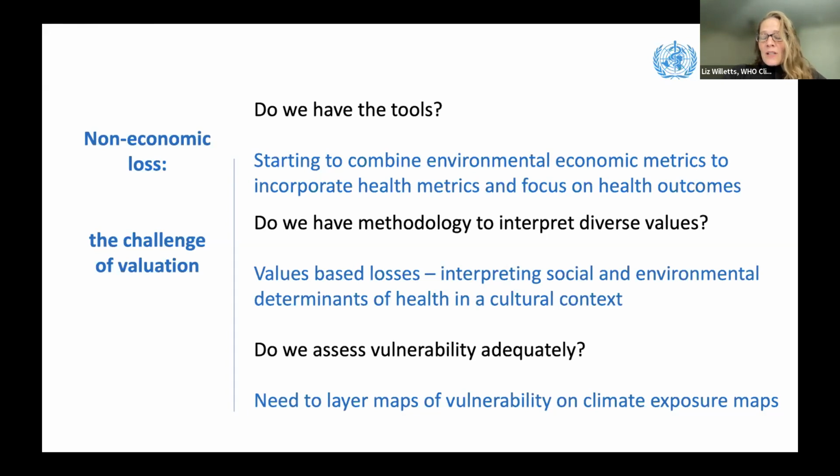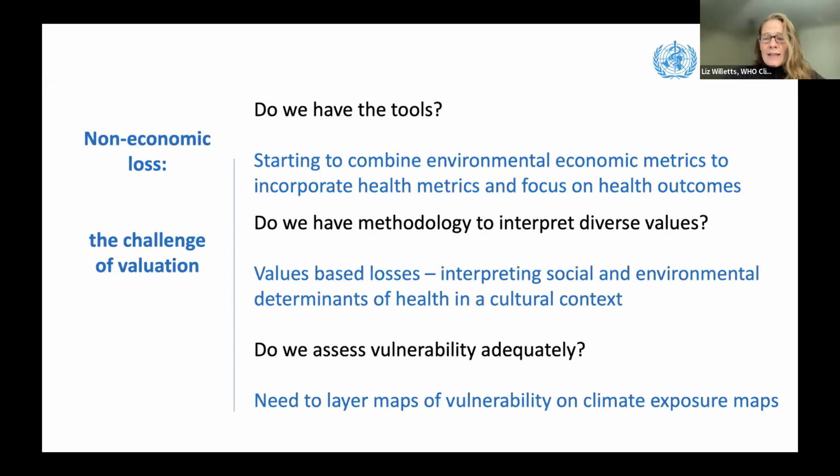Much of non-economic loss is related to both the social and environmental determinants of health. Much of that is values-based or must be interpreted by culture. And in order to have consistent methodology to include these sorts of values alongside economic values, it's very challenging, and we, again, are in an early stage of doing that.